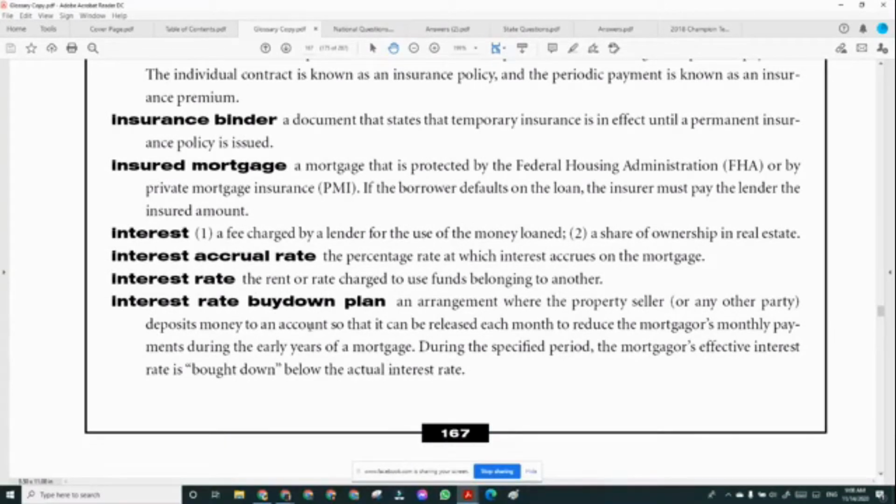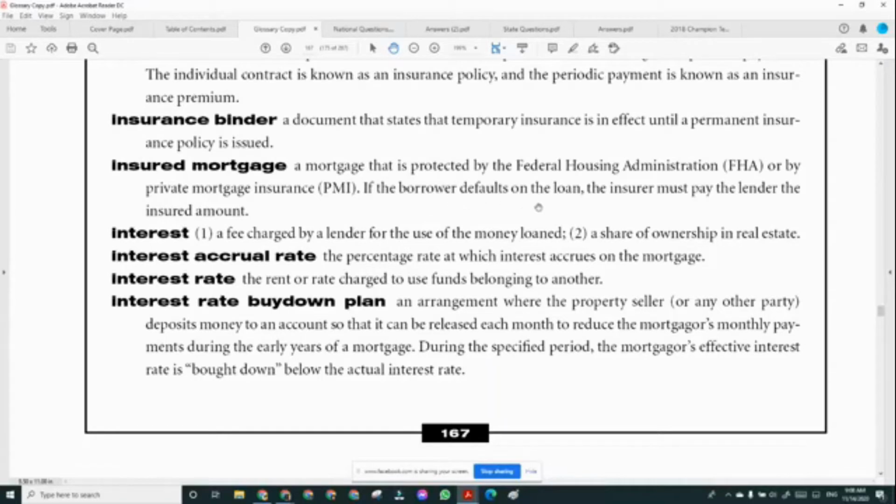Insured mortgage. A mortgage that is protected by Federal Housing Administration, FHA. Make sure you learn your acronyms so that you know, because that'll help you on the exam. FHA, Federal Housing Administration. So it's a type of loan, right? A mortgage. So a mortgage that is protected by FHA or by private mortgage insurance, PMI, private mortgage insurance.